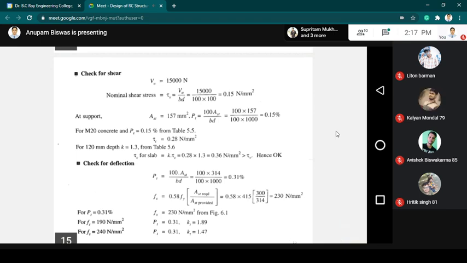Check for deflection. So for deflection, we know that we have to take out the value of PT, that is 100 AST by BD, and we have to get the value of Fs, that is 0.58 Fy, AST required by AST provided.